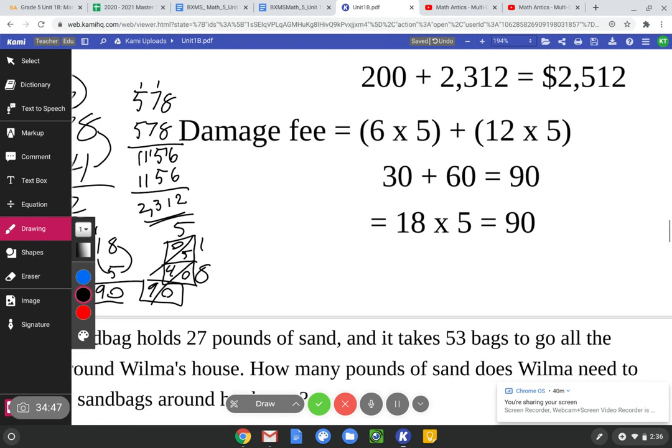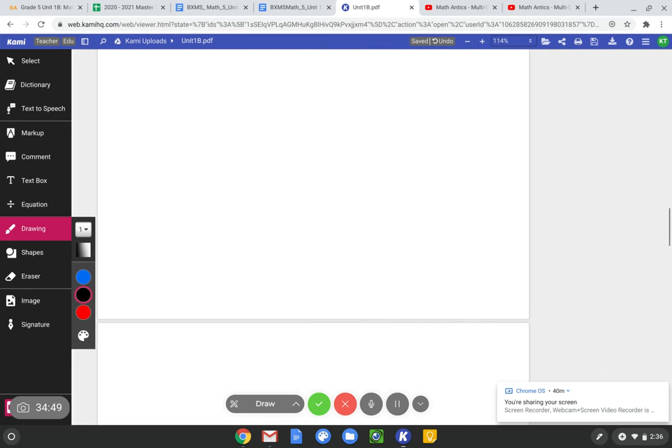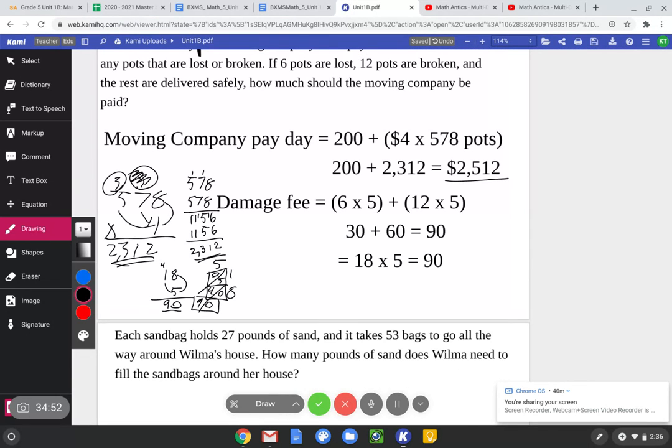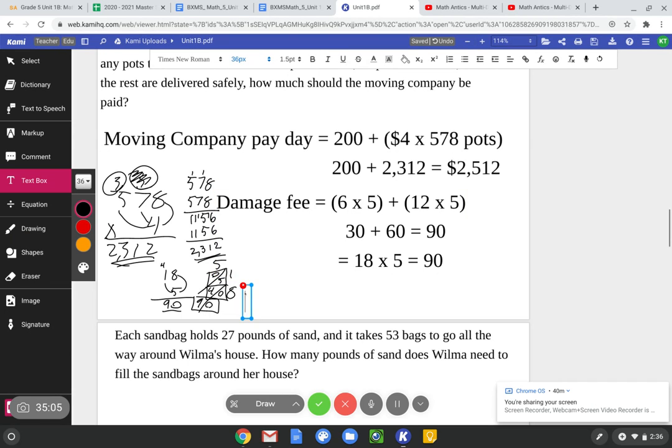So we are going to take their payday and subtract their damage fee. So the moving company, their final pay, we'll say final pay, equals 2,512 minus 90.